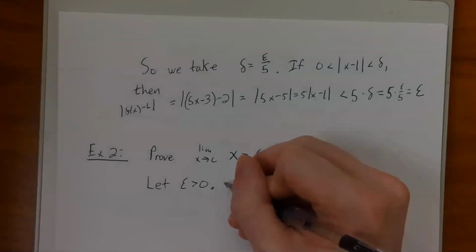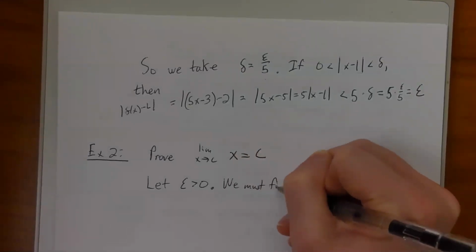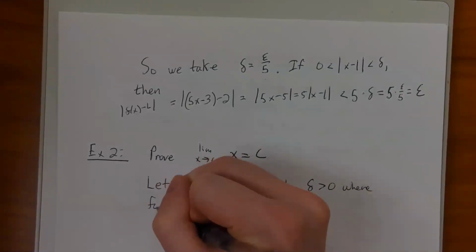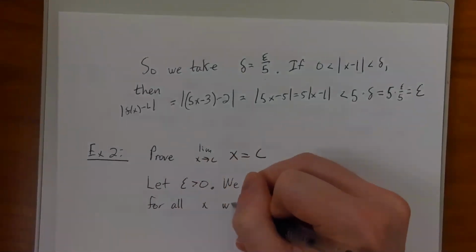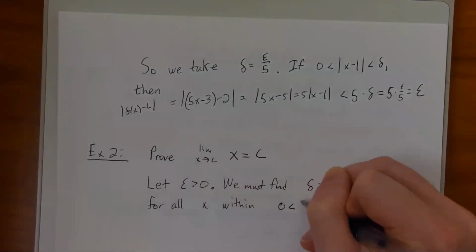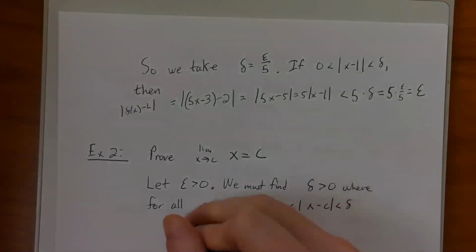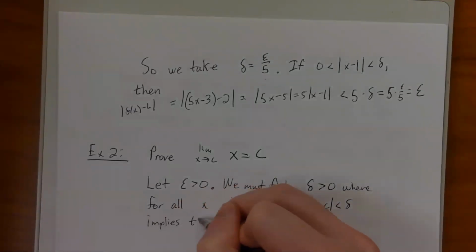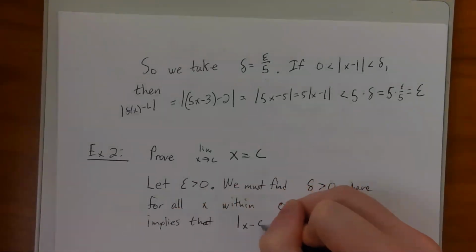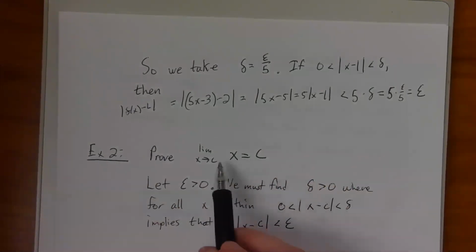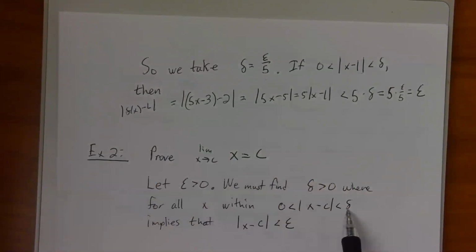And if that is given, we must find delta greater than 0, where for all x within this interval, this implies that the absolute value of x minus c, what we're approaching here, less than delta, implies that the absolute value of f of x minus L is less than epsilon.